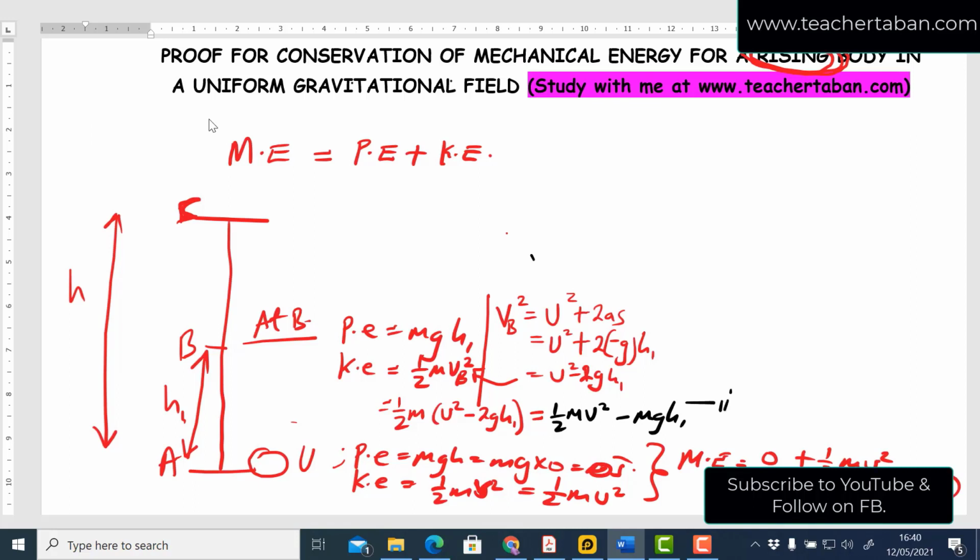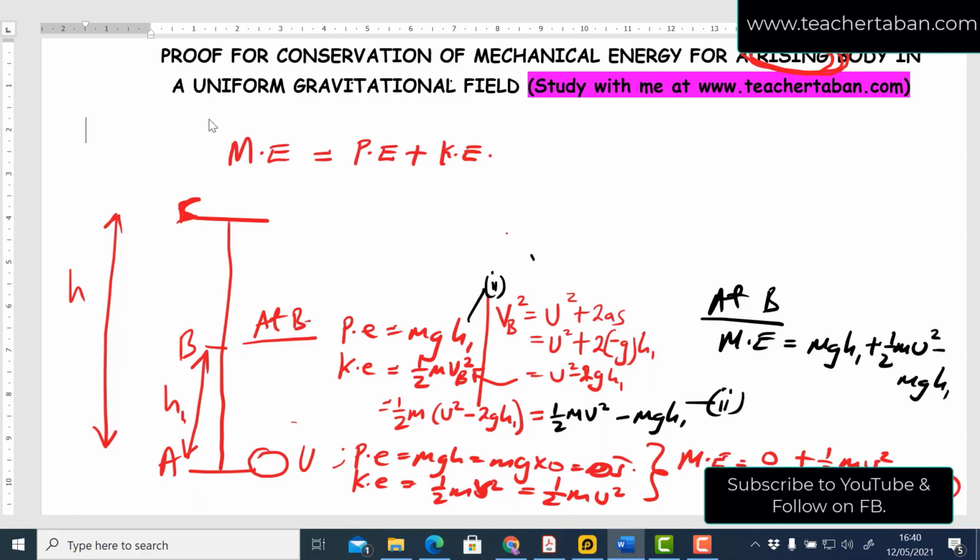So this is Roman 2, this is Roman 1. When you add the 2, we shall get that at point B, the mechanical energy is equal to the potential energy, mgh1, plus kinetic energy, a half mu squared minus mgh1. When you add up all of those, we get the same expression, a half mu squared. That is our equation 2.